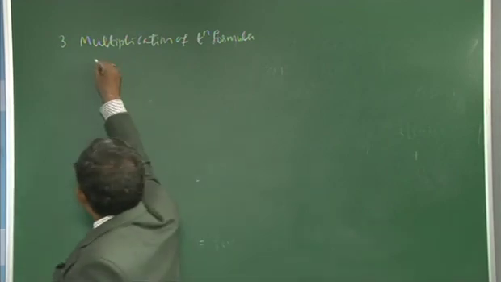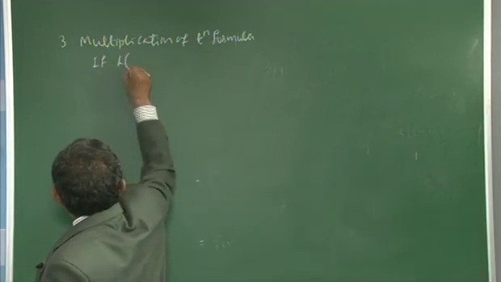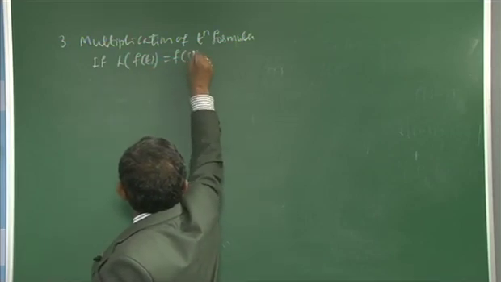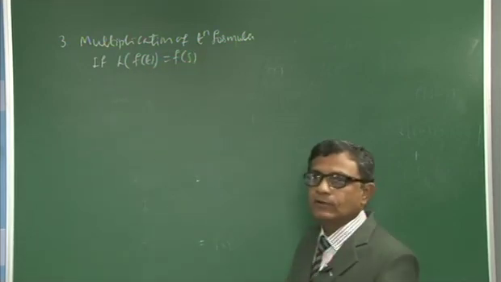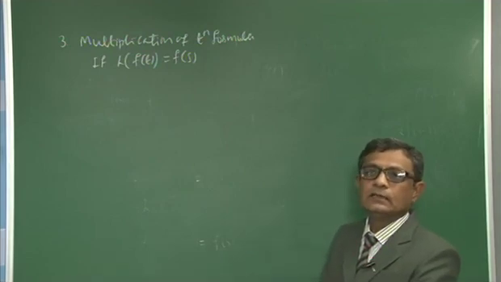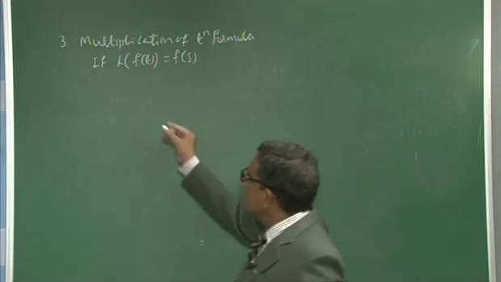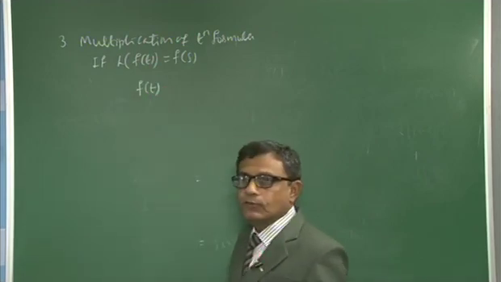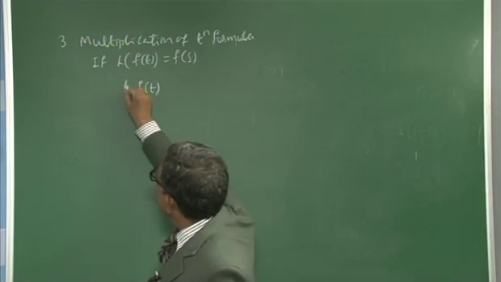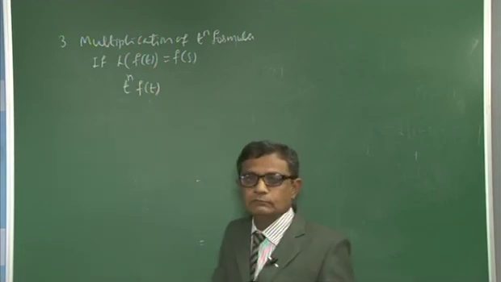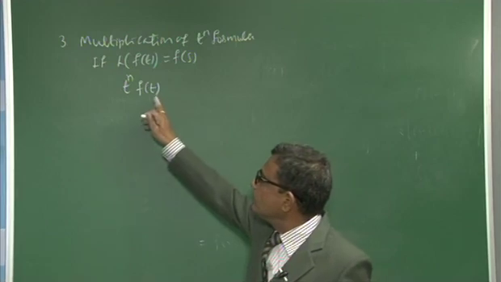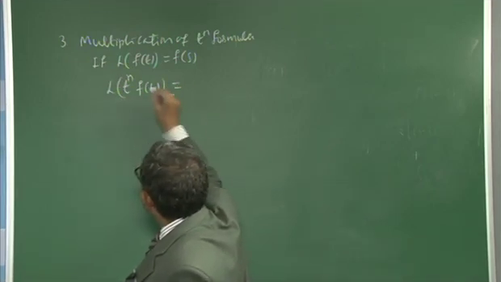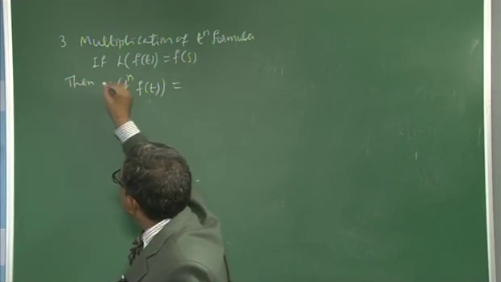What is this multiplication by t raised to n formula? If L of f of t equals F of s, now if the function f of t is multiplied by t raised to n, and you take its Laplace transform, what happens?